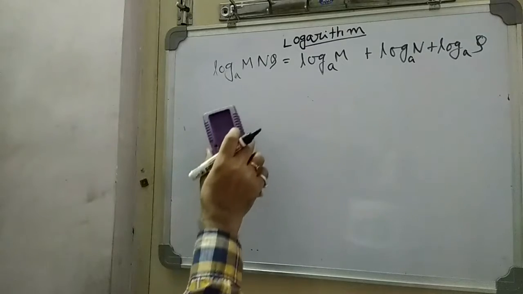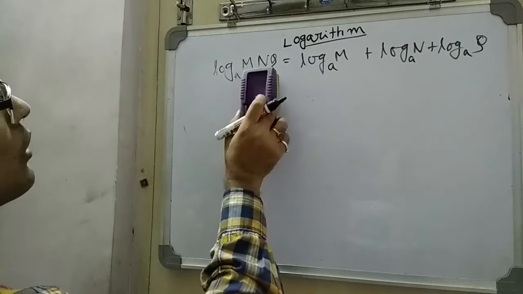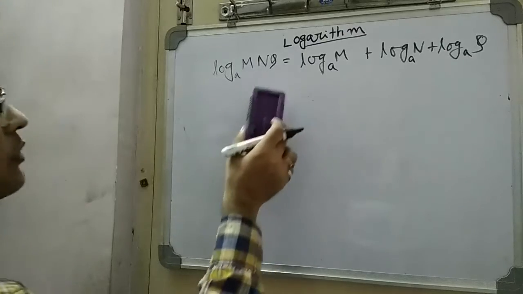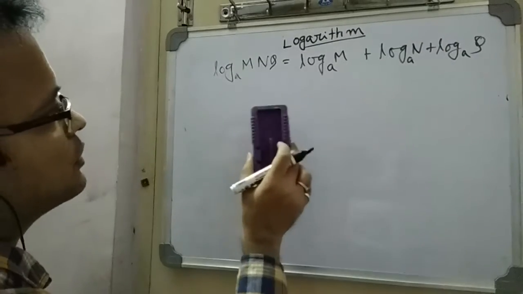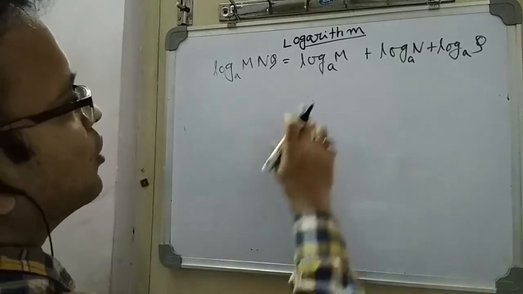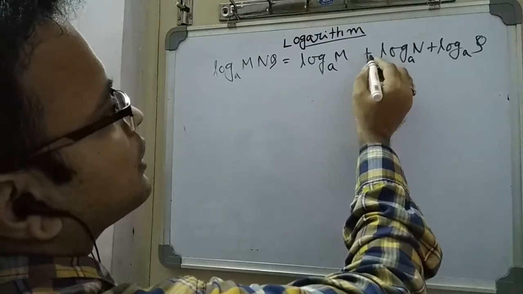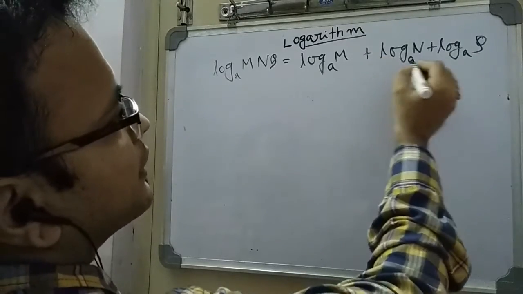So if you take the logarithm of something which is a multiplication of a few numbers, then the result can be broken into the logarithm of all those separate numbers, and those are added in between.